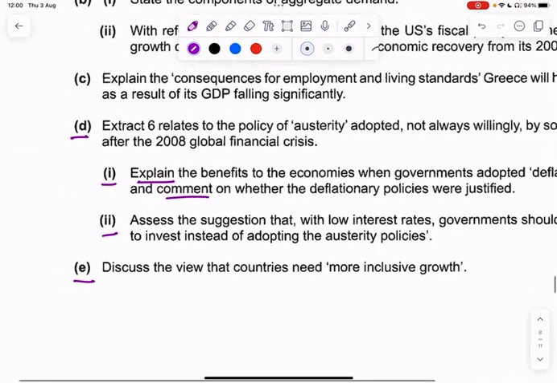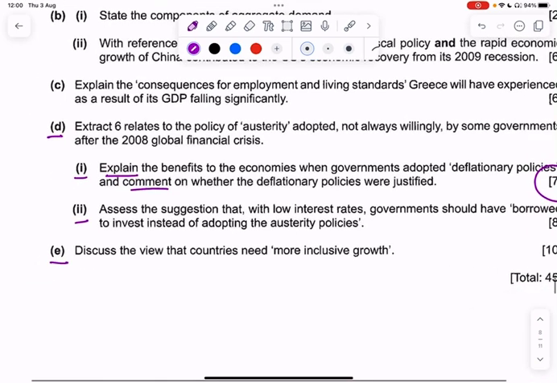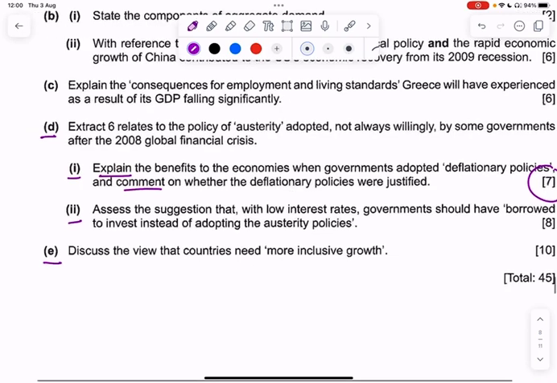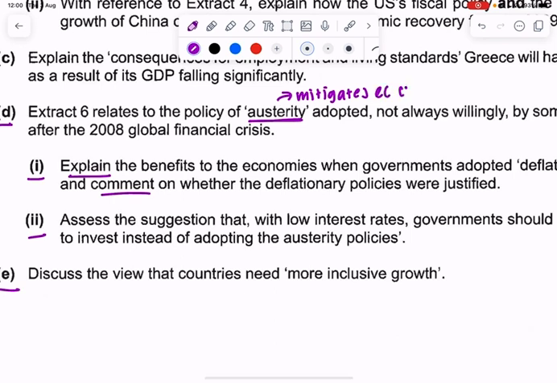You see here, extract 6 relates to the policy of austerity adopted, not always willingly, by some governments after the 2008 global financial crisis. Very importantly, we must know what austerity measures are. Austerity measures are very drastic, severe measures to help mitigate the impacts of an economic crisis, usually done to avoid a debt crisis from the government.